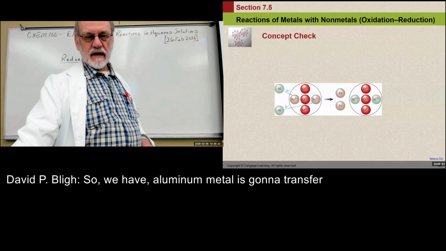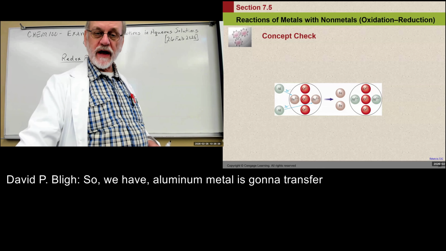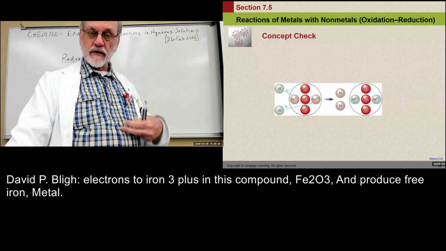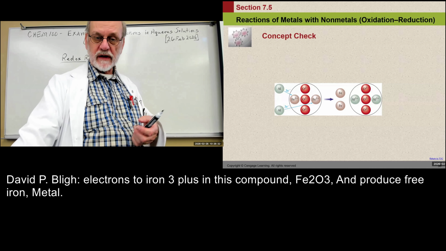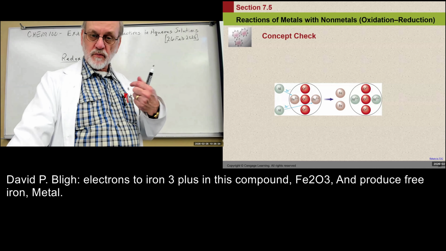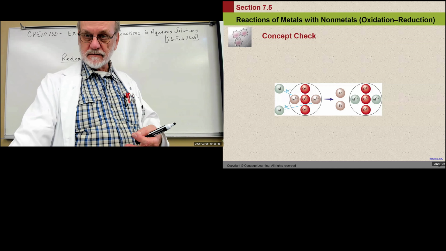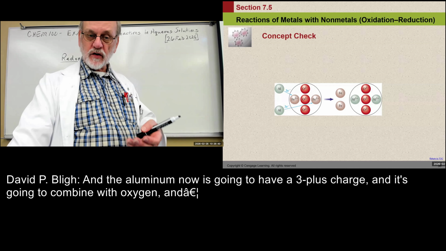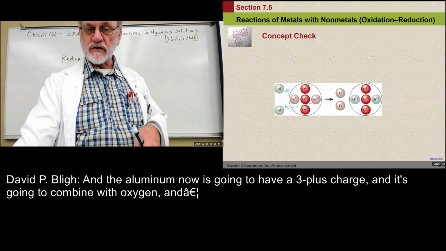So we have aluminum metal is going to transfer electrons to iron 3 plus in this compound, Fe2O3, and produce free iron metal atoms. And the aluminum now is going to have a 3 plus charge, and it's going to combine with oxygen.